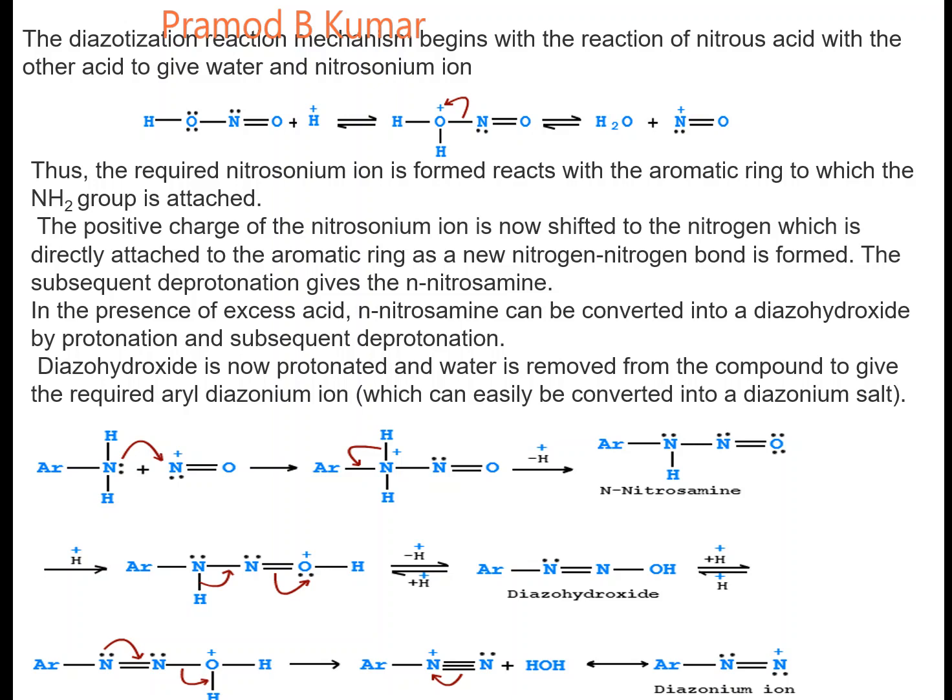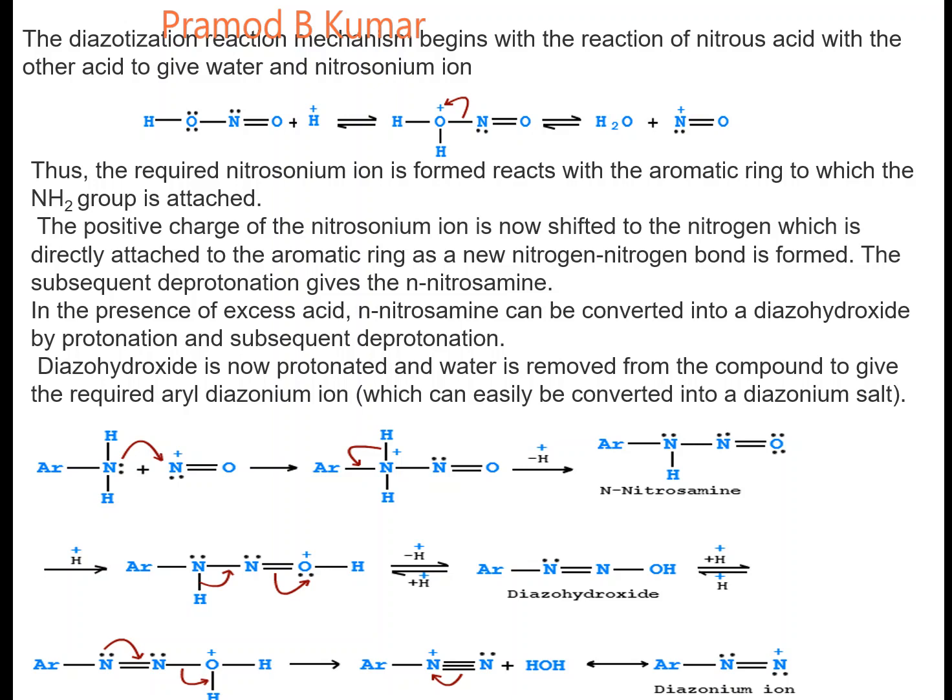So what is the next step? This reaction takes place in excess acidic medium. In the presence of excess acid, the N-nitrosoamine which is formed gets converted into diazohydroxide by protonation and subsequent deprotonation. The oxygen of your nitrosamine gets protonated.